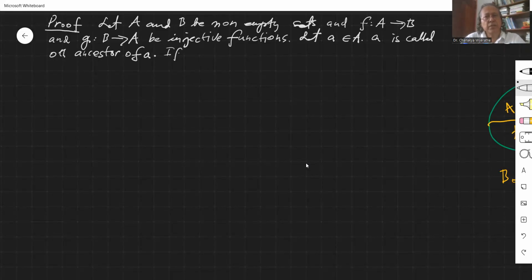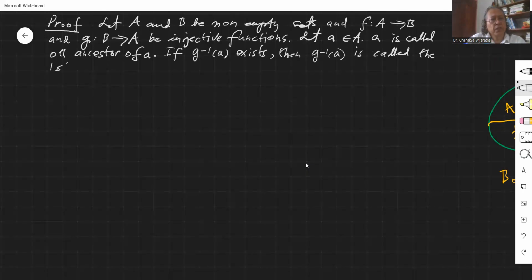If G inverse of a exists, then G inverse of a is called the first ancestor of a.